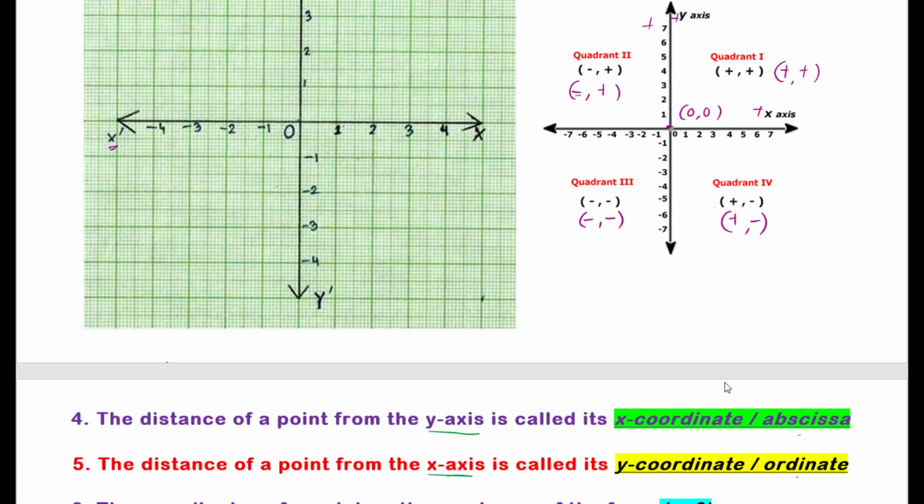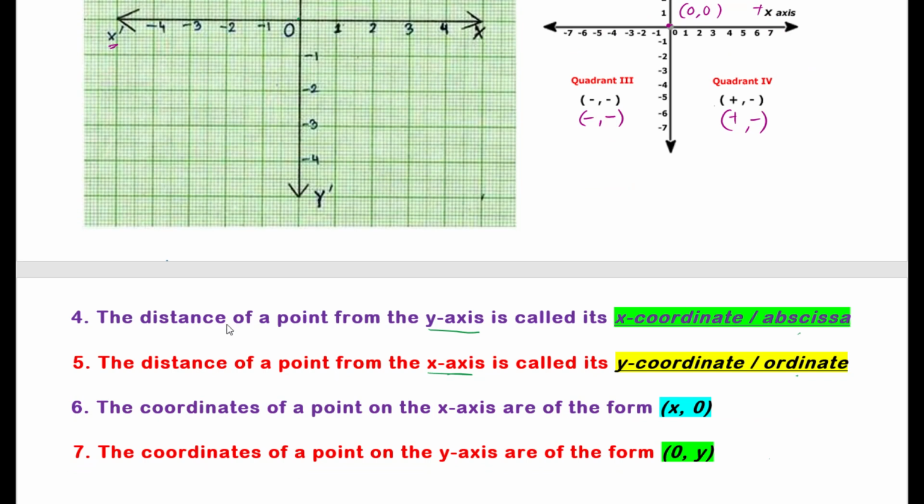The distance of any point from the y-axis is called its x-coordinate or abscissa. The distance of a point from the x-axis is called its y-coordinate or ordinate, and we have seen examples based on this.